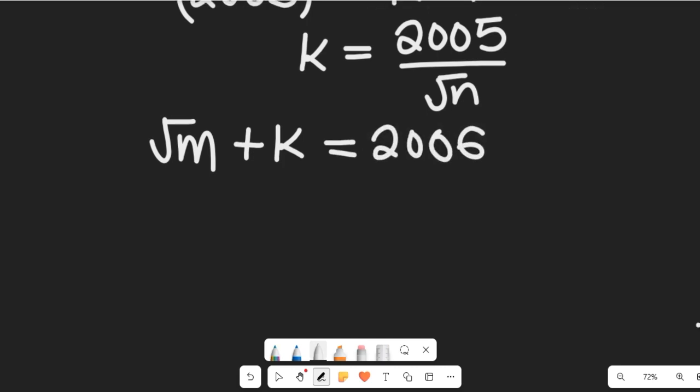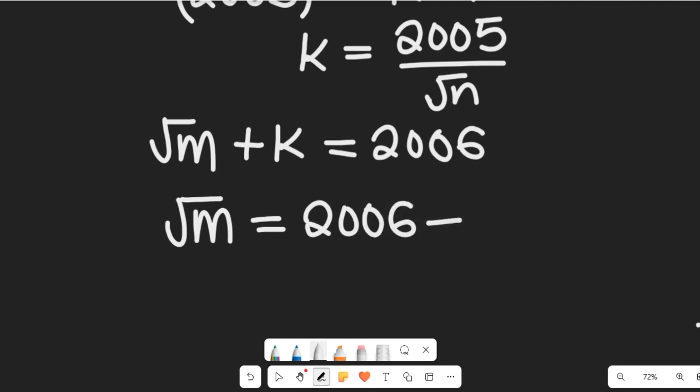If we simplify that expression, we'll have the square root of m to be equal to 2006 minus k.